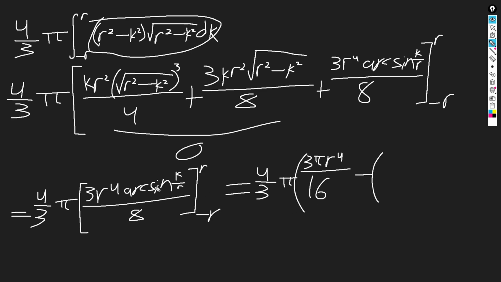So now we need to subtract this evaluated at negative r. Substituting that for k, we get arcsine negative r over r, or arcsine negative 1. Now you might want to say arcsine negative 1 is 3 pi on 2.